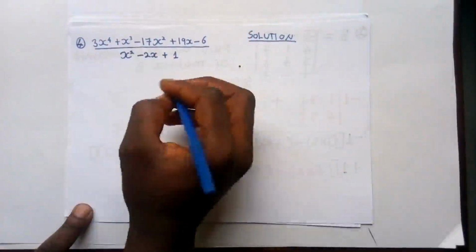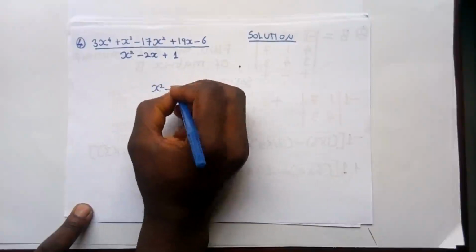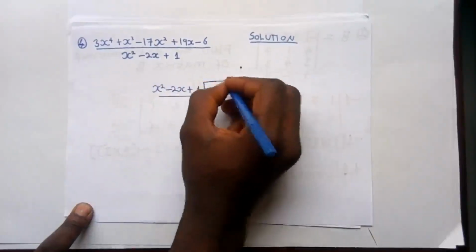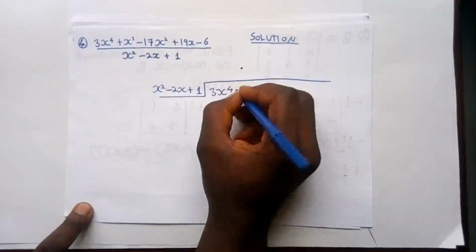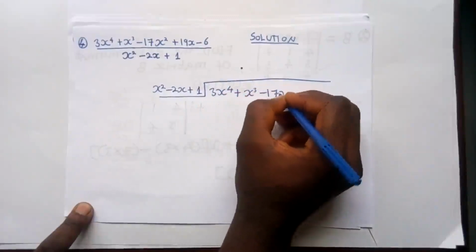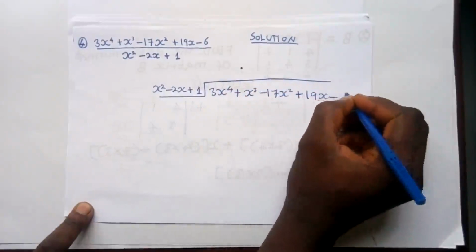This outside, this inside. So x squared minus 2x plus 1, and 3x raised to the power of 4 plus x raised to the power of 3 minus 17x squared plus 19x minus 6.